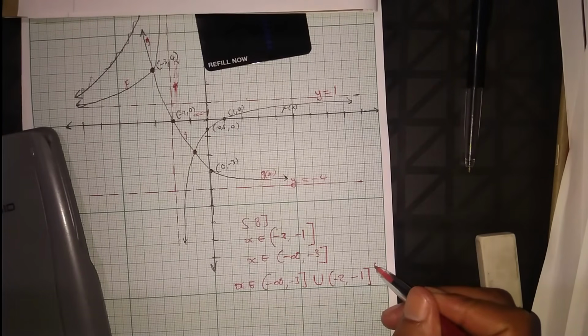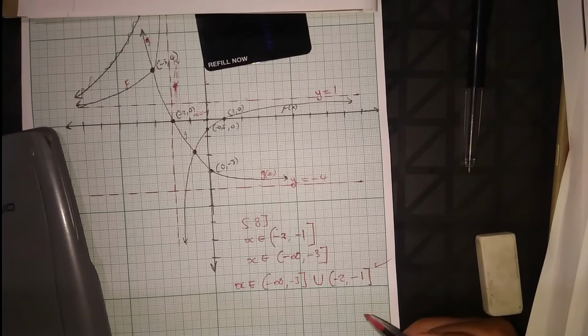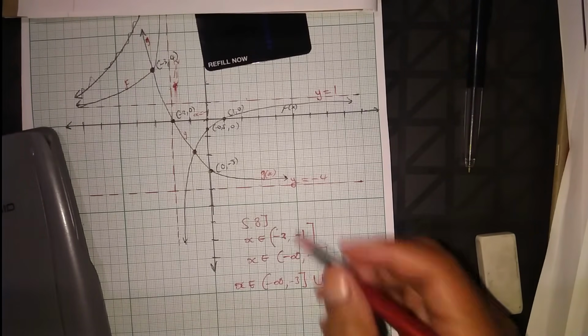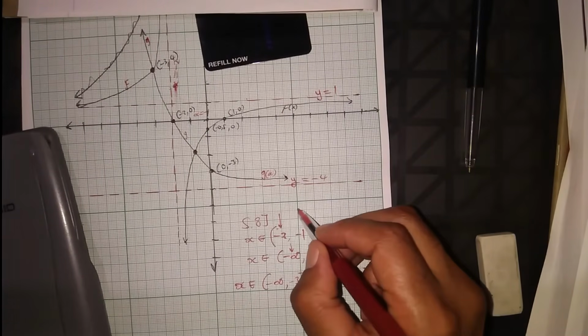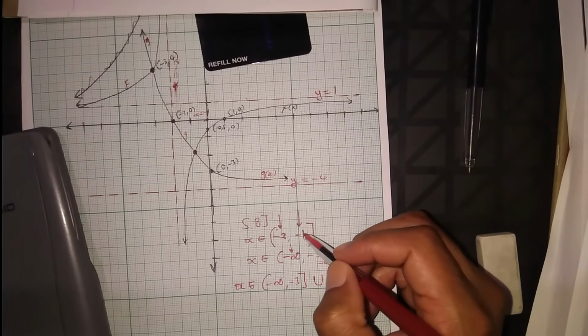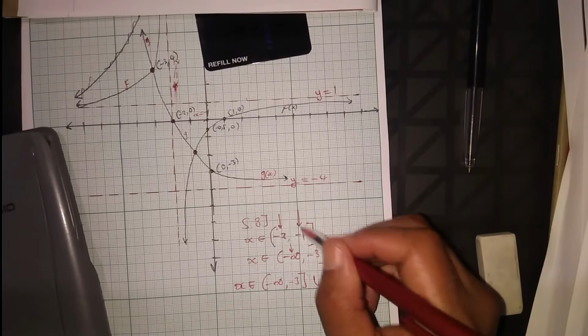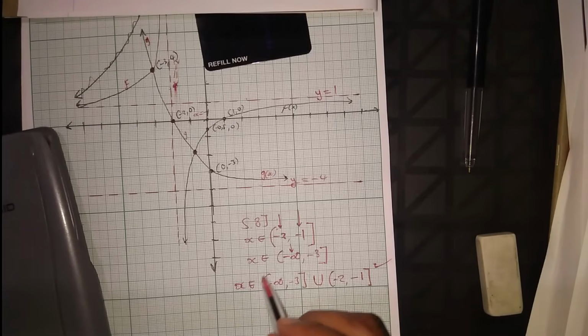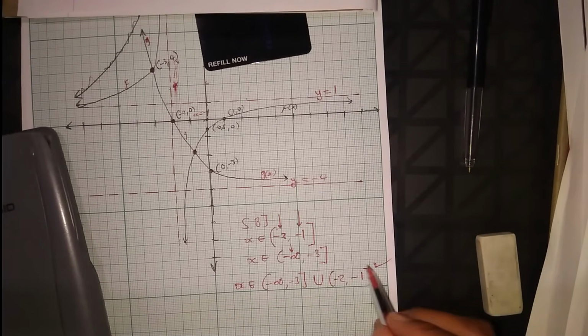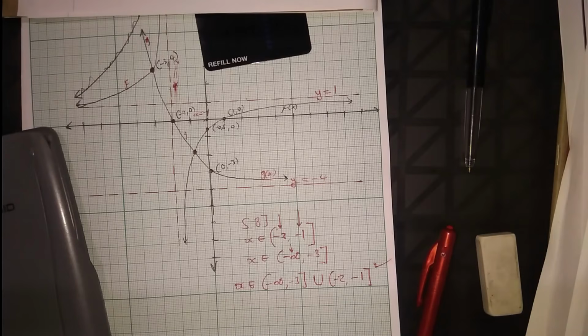So this is our final answer for this question. And when you write your domain or range, you always start with the small values and end with the greater values: small value, greater value, set of values, greater set of values. So our question ends here.